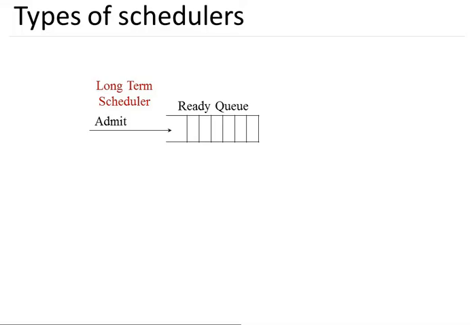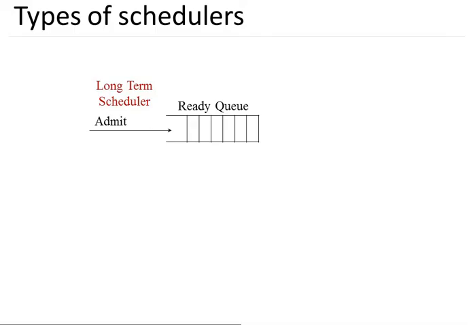Now basically the ready queue is memory, your primary memory, in which all the processes first need to be loaded before execution, before getting the CPU. So the task of the long-term scheduler is to select the number of processes to get loaded into your primary memory, or I can say into the ready queue.